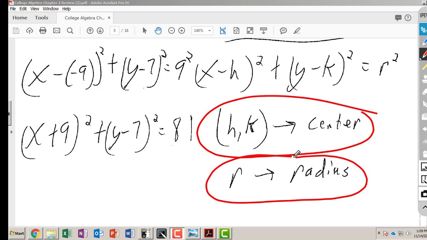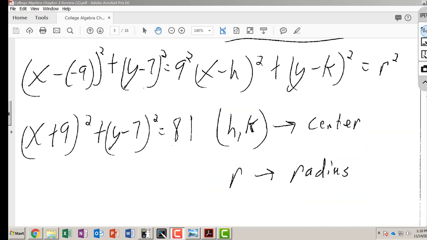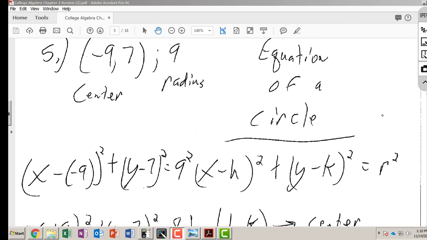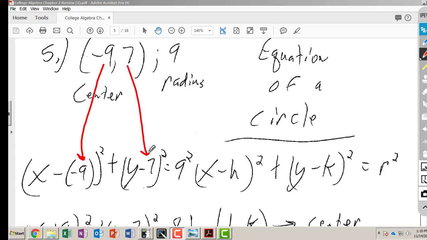Since you're given the point -9 and 7, you can just substitute that in. So I substitute in -9, I substitute in 7, and here's my radius, which is 9.